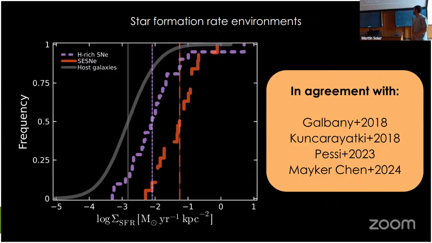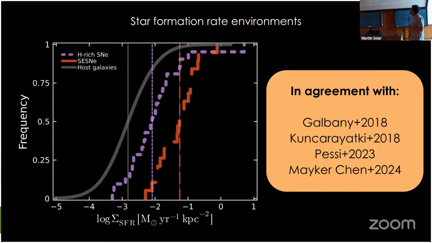Now going to the results, we have the empirical cumulative distribution function for three different samples. First, the host galaxies, basically the values of the pixels from which some of these supernovae exploded.